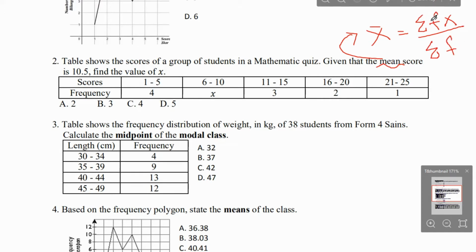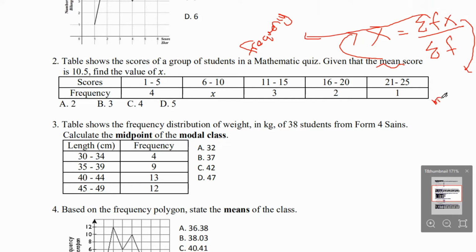F here stands for frequency. X here means midpoint. X is the midpoint, F is the frequency, and this symbol here means total. So that means total of frequency multiplied with midpoint, divided by total of frequency.